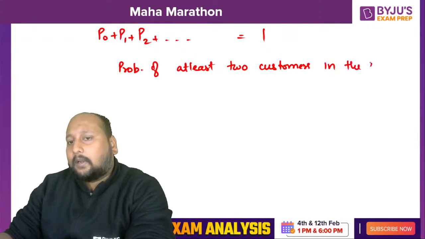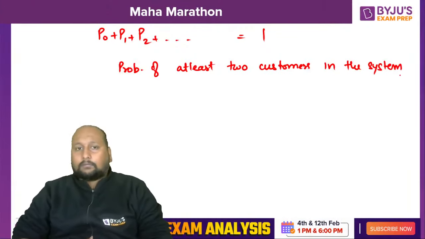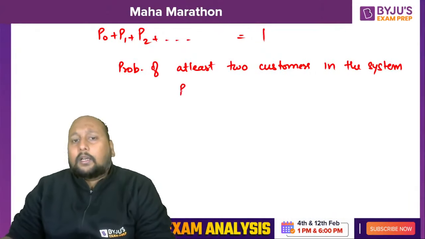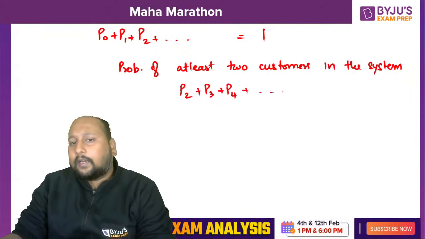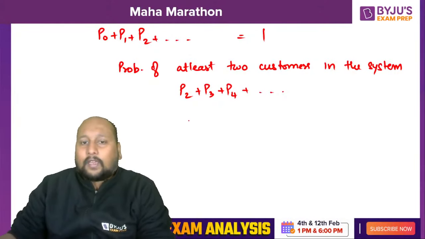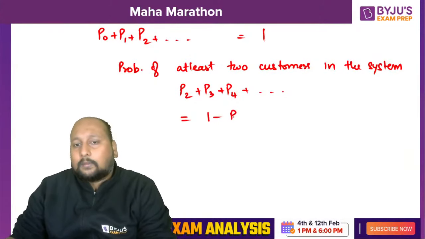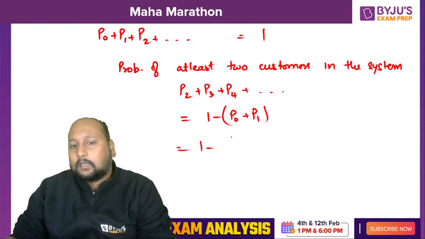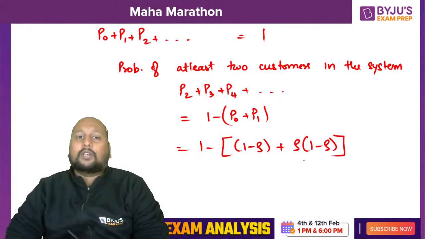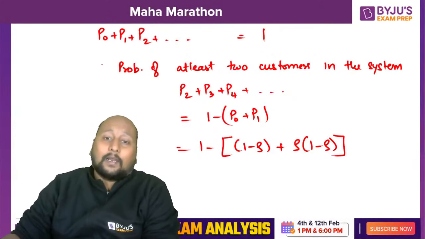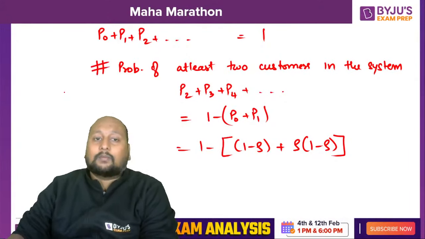Here, what is being included? 2 customers, 3 customers, 4 customers, going on till infinity. So how can we calculate that? We can simply say this is equal to 1 minus (P0 plus P1). P0 is 1 minus rho, and P1 is rho into 1 minus rho. By this calculation, we can calculate the probability of at least 2 customers in the system.